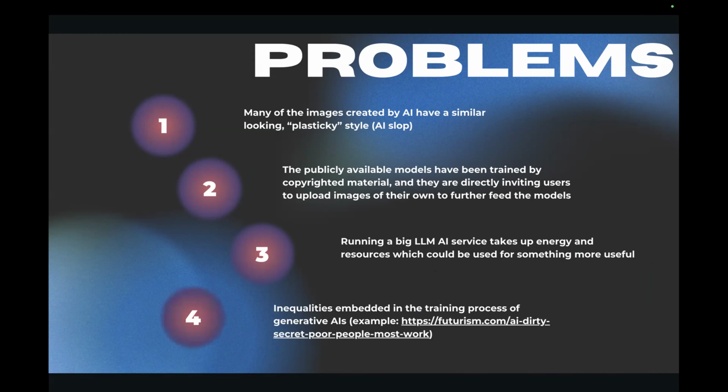So then there is a fourth thing that has to do with number 3 a little bit. There's the training process of these generative AIs. It has these embedded inequalities.